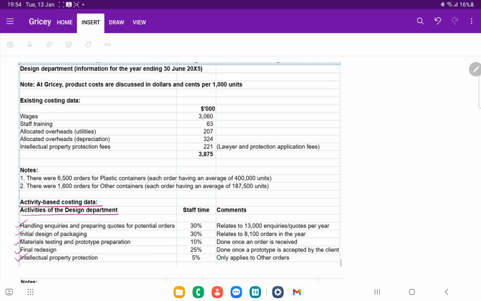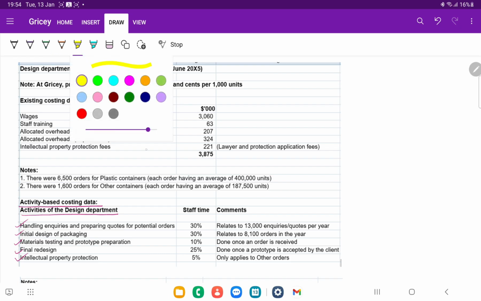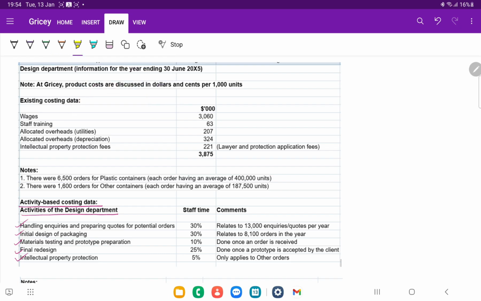Okay, so in appendix number 1 we have the design department information for the year ended 30th June 20x5. Existing data suggests that wages cost is 3060, staff training cost is 63, and allocated overheads related to depreciation and intellectual property protection fees are 221.